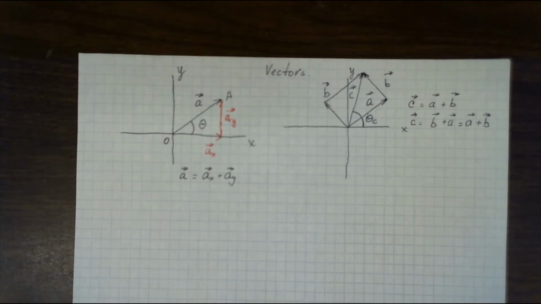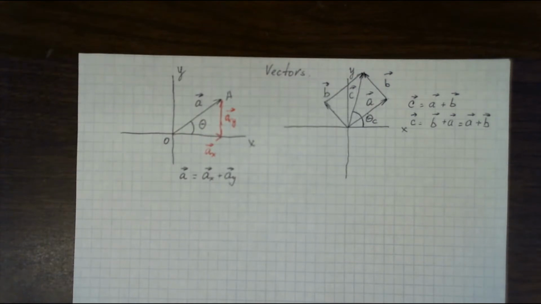We will use trig to find the resultant vector C, and to find the resultant vector C means two things. We need to find the magnitude of vector C and the angle vector C makes with the positive x-axis.